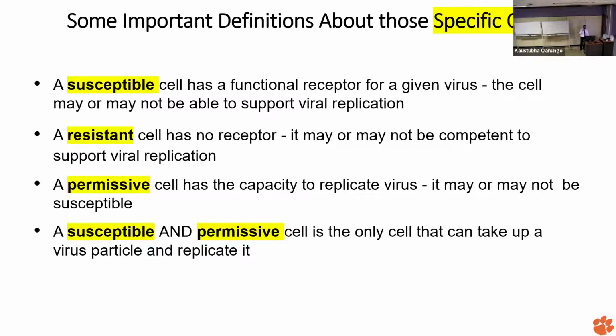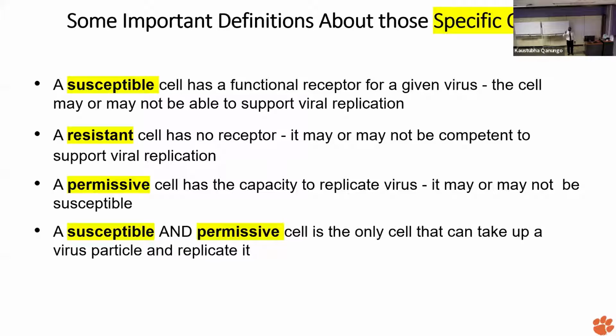So here are some very important definitions and concepts, so make sure this is marked as an extra important slide. A susceptible cell has the functional receptor for the given virus. The cell may or may not be able to support viral replication. So what does that mean? It means that if, by a mechanical means, the virus touches or binds to the receptor of the susceptible cell, the cell will take the virus inside.